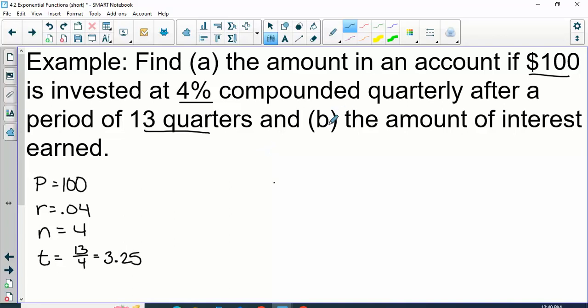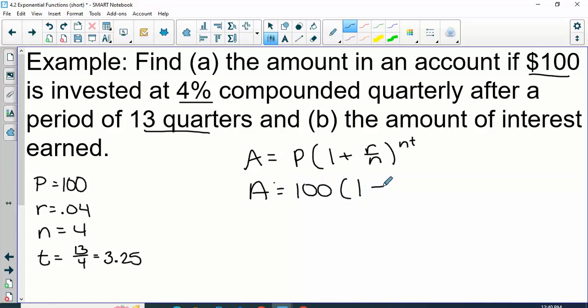Okay, so this one, the only time we use that e formula is if it says continuous in the problem. There's no mention of continuous interest, so this is just our regular compound interest. So A equals P, 1 plus r over n to the nt power. So we plug in. P is 100, 1 plus 0.04 over 4 to the 4 times 3.25 power. So just plug this all in at once.